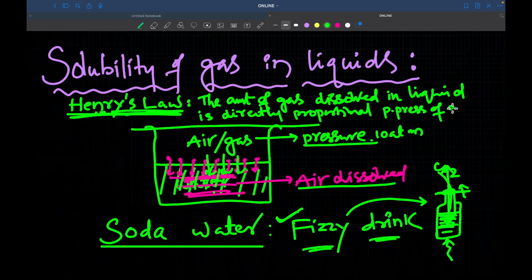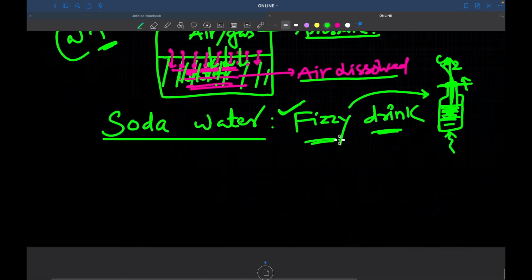So this is what you call Henry's law. Of course, at constant temperature. Keeping temperature constant, if you increase the pressure, the amount of gas dissolved will be higher.